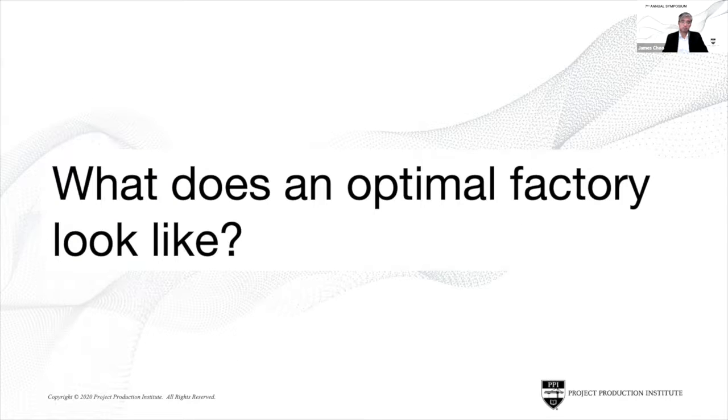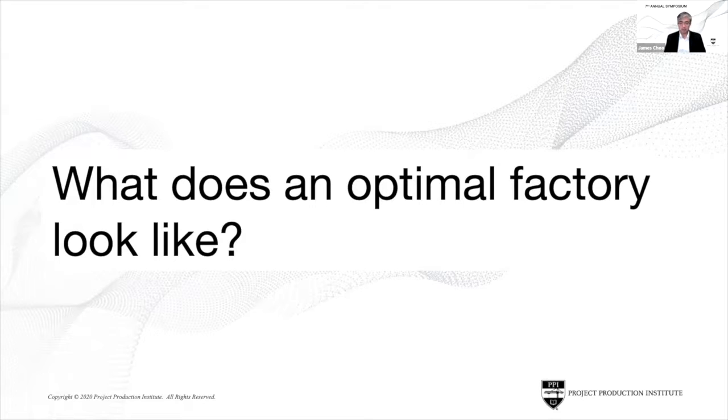So the question becomes, what does an optimal factory, in quotes, look like? The factory could be one that produces rebar, pipe spools, modules, sub-assemblies, the terminology the industry uses.